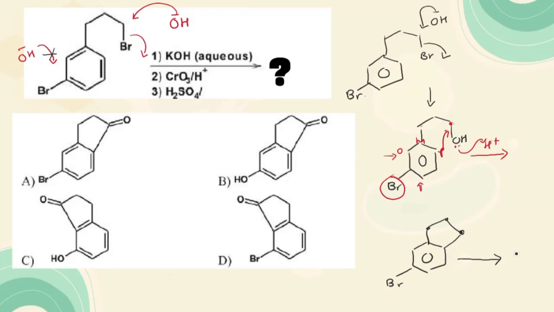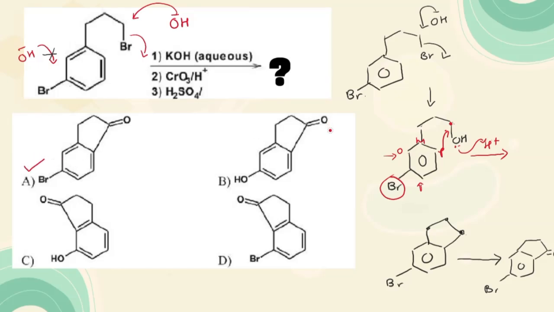So the oxidation is going to take place here, so it's supposed to be 5-membered and like this. And where do we have this? We have it in option A. Therefore the right option is A.